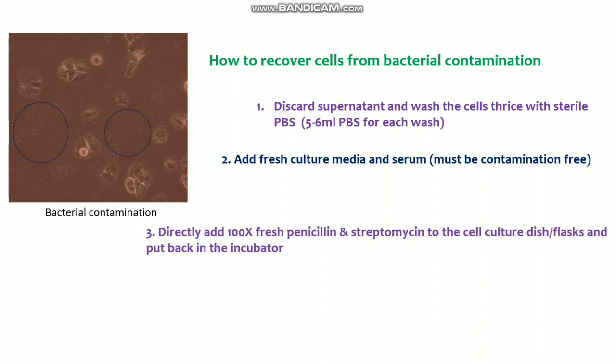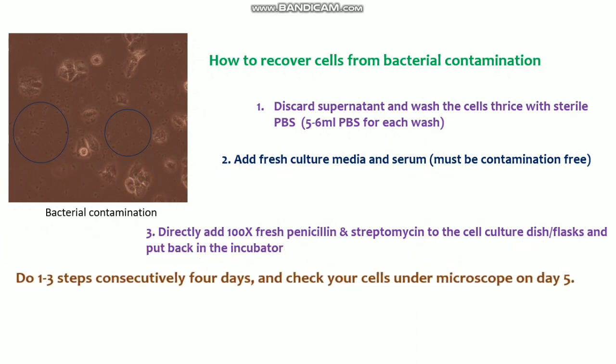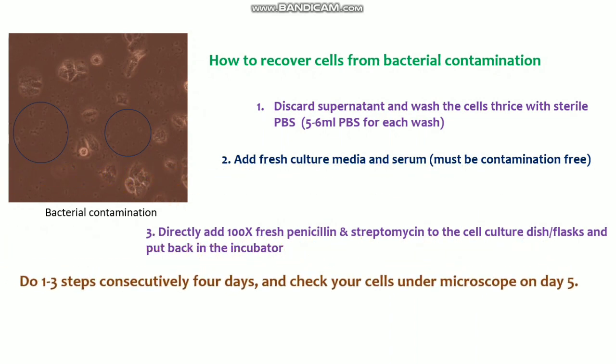Number 3, directly add 100x fresh penicillin and streptomycin to the cell culture dish or flask, and put it back in the incubator. So you need to do these steps 1 to 3.